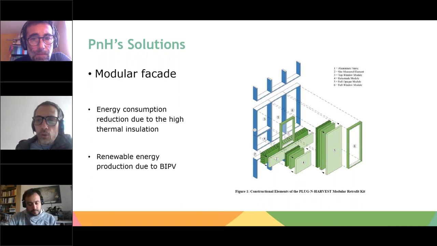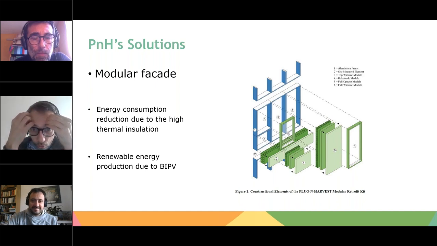We are working with two manufacturers, in line with this concept of scalability to large renovation, and we're very proud of what has come out of the project. Also, in this project, the idea was to use circular principles in the design of the solution.